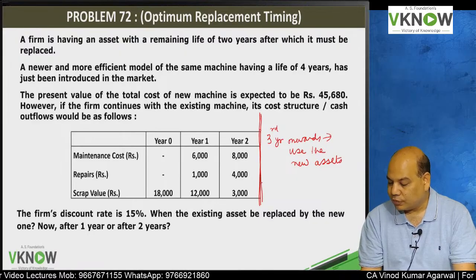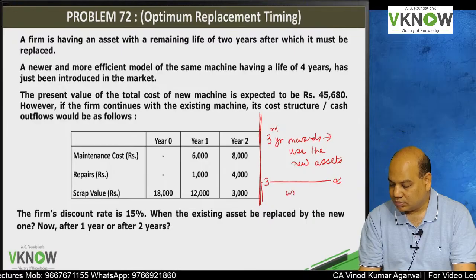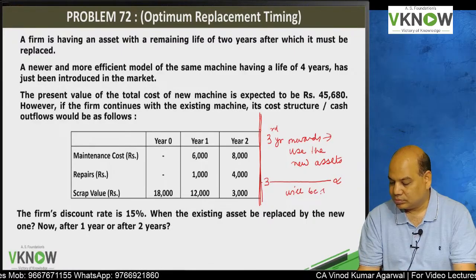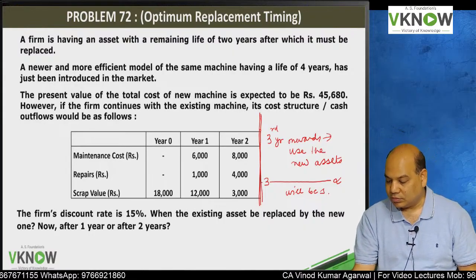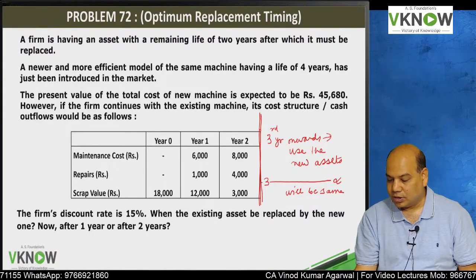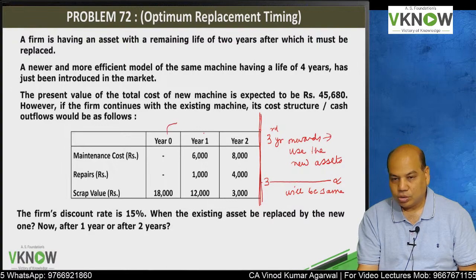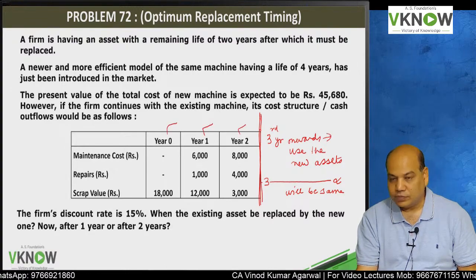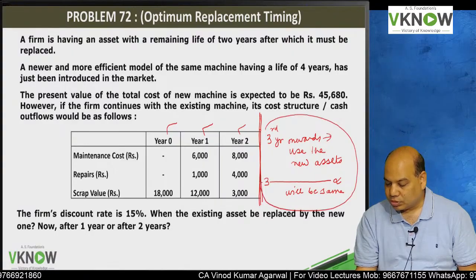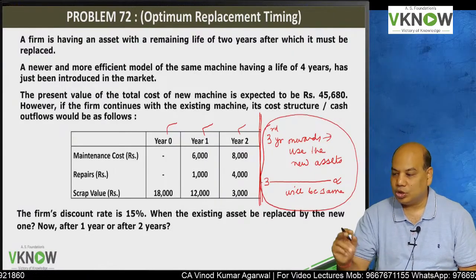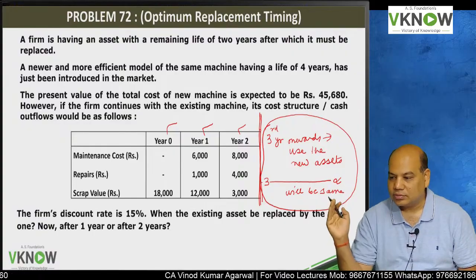So cash flow from year 3 to infinity will be the same whether you replace today or after 1 year or after 2 years, because third year onwards you are going to use the new asset only, forever.